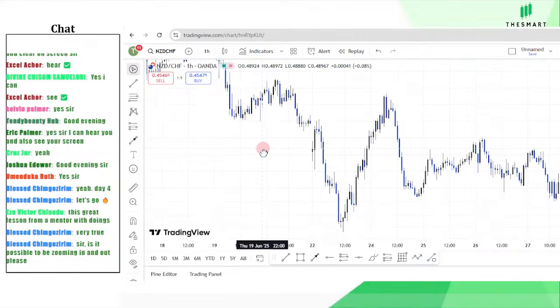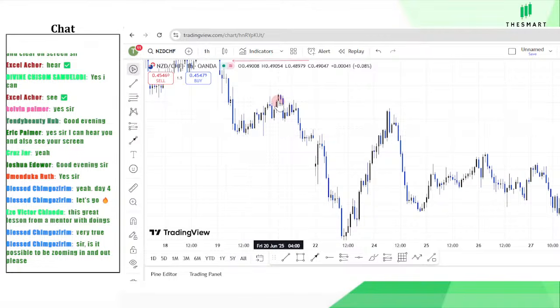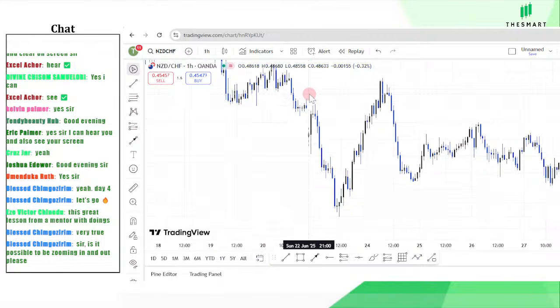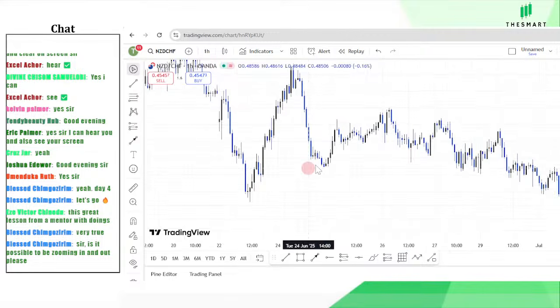Look at this point. Look at all of these candles to the downside. But if you look at this movement to the upside here, you can't compare it to what you have from this point to the downside here. If you look at all of these other price action here, it's ranging. Meanwhile, what you had here is a great impulse to the downside.